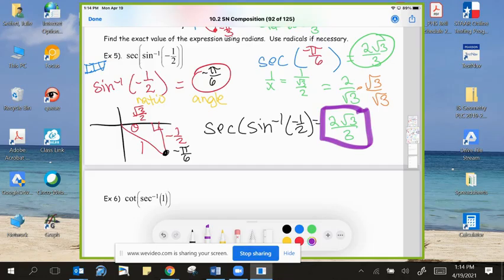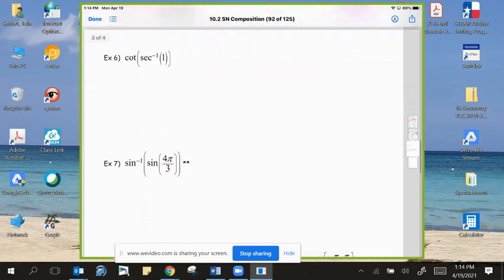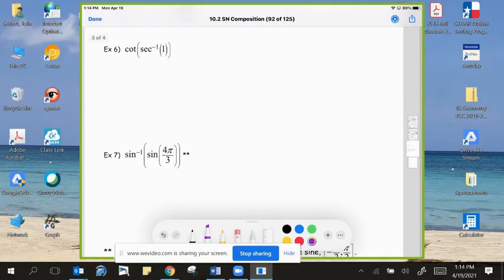Okay, how are we doing here? All right, and let's look at 6. We have cotangent of secant inverse of 1.